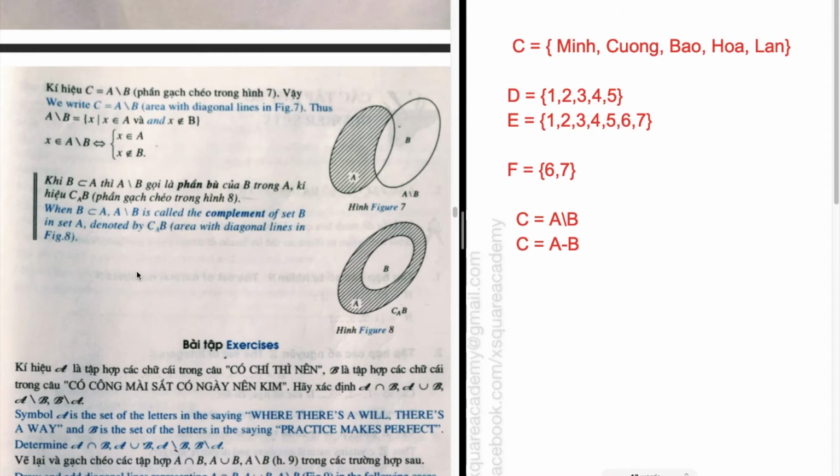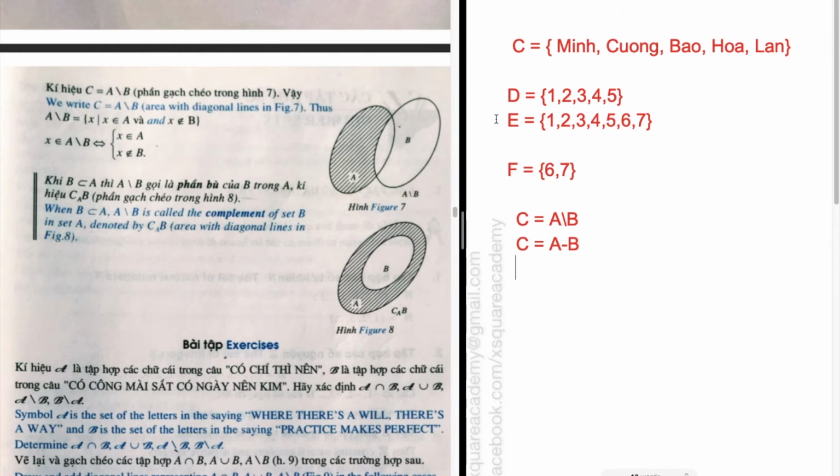There is a particular case when B is a subset of A. Then the set difference of set A and B equals the complement of set B in set A, denoted by C_A B. That means the complement of set B in set A. In the Venn diagram, this is set A, the big one, and this is set B, the small one, and set B is a subset of set A. So the diagonal lines are the complement set.